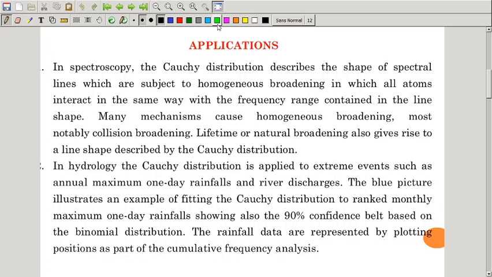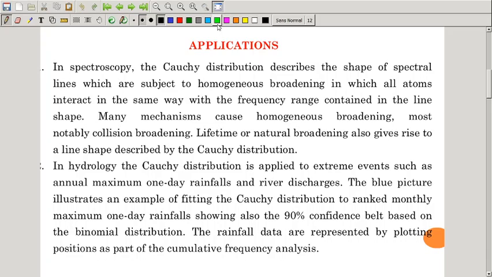But in real life, there are some applications in the spectroscopy department or the hydrology department. Mostly in hydrology, there are maximum one day rainfalls and river discharge, the extreme events occurring in real life situations.